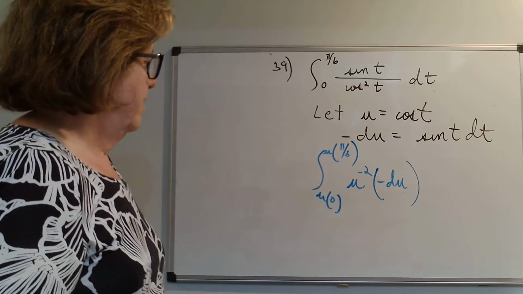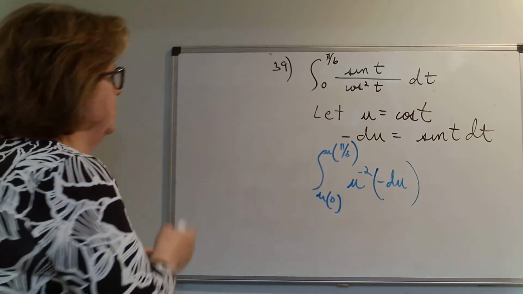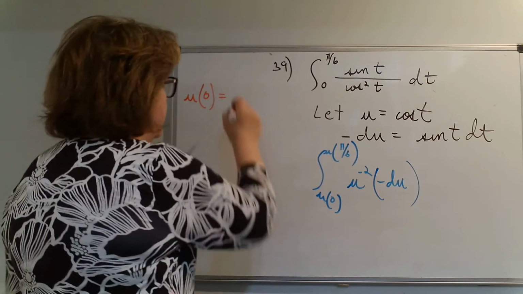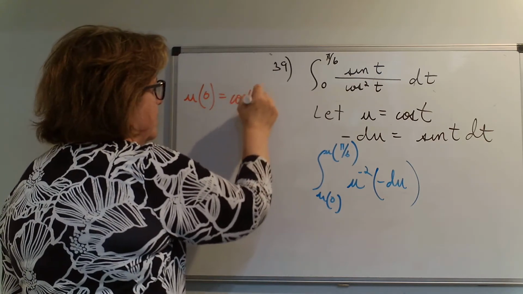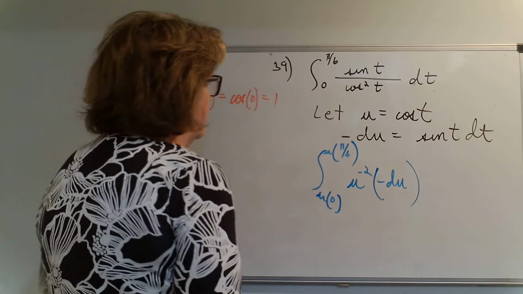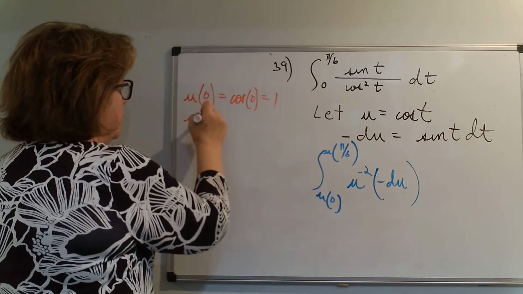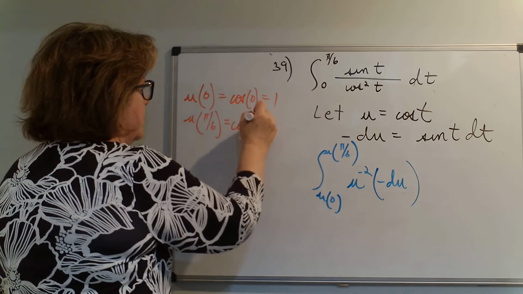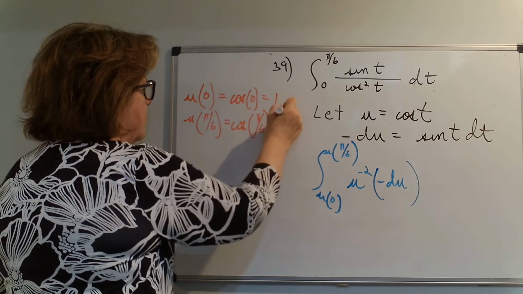So what's u of 0? u of 0 is the cosine of 0. That's 1. u of pi over 6 is the cosine of pi over 6, which is square root of 3 over 2.